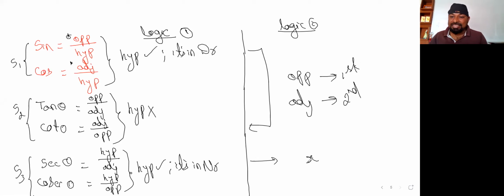Here it is reverse: adjacent will be first, opposite will be second. Secant means hypotenuse by adjacent. Cosecant means hypotenuse by opposite. So in this way, you are supposed to remember all the 6 trigonometric ratios.